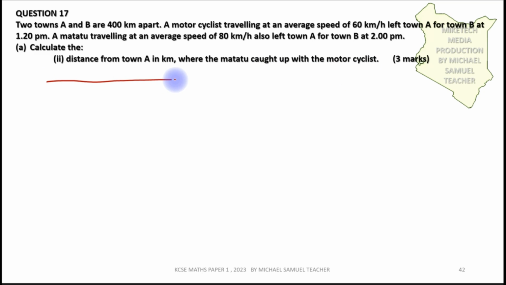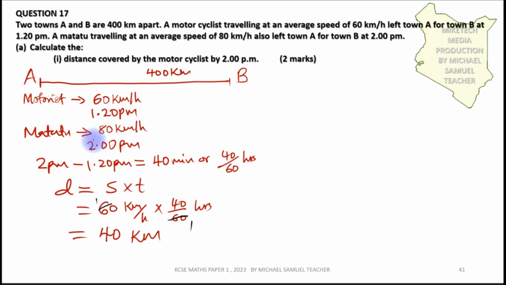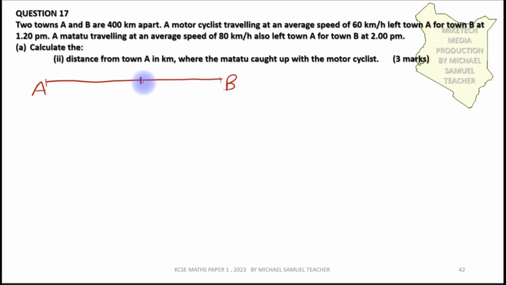Now, what I want you to note is that by 2 p.m. the motorist was at this particular point, and then the matatu was at point A. That was by 2 p.m.